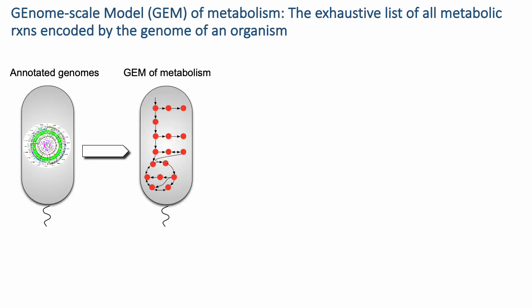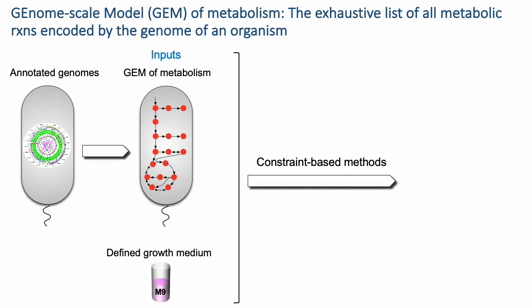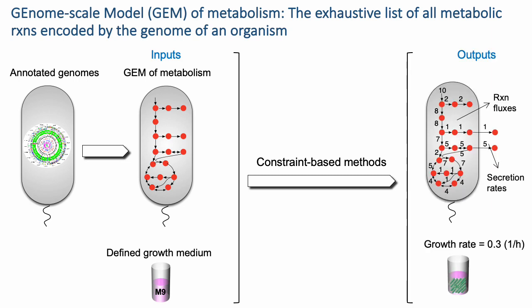These models are constructed from the annotated genome of any organism and can be computationally simulated under a defined growth medium by using a class of mathematical modeling approaches called constraint-based analysis methods, which are based on a constrained mathematical optimization problem, to computationally predict the growth of the cell in that defined growth medium, and to predict the fluxes of intracellular metabolic reactions, and more importantly to predict what metabolites are possibly excreted out by the cell in that defined growth medium and their secretion levels.